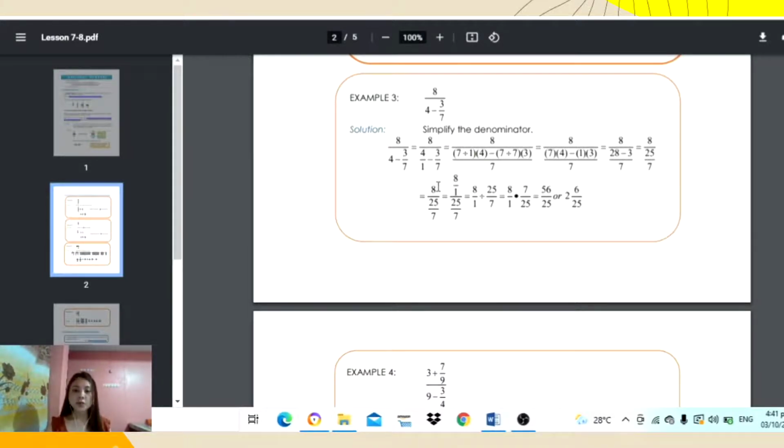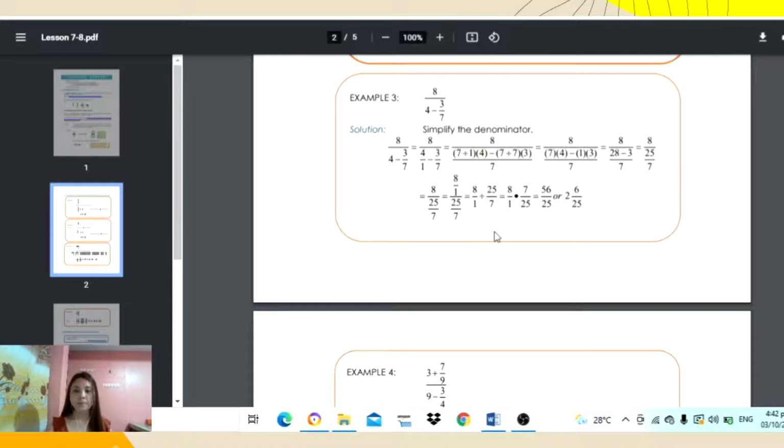In order to simplify this complex fraction to a simple fraction, we'll have to rewrite 8 as 8 over 1. So here, 8 over 1 all over 25 over 7 is just equal to 8 over 1 divided by 25 over 7.